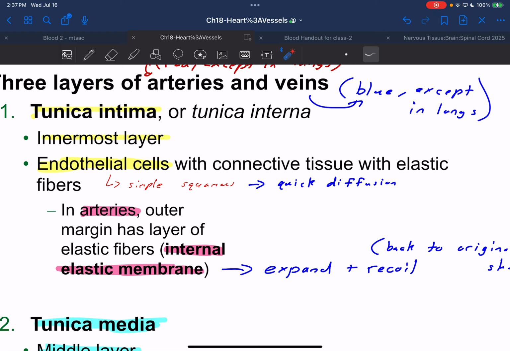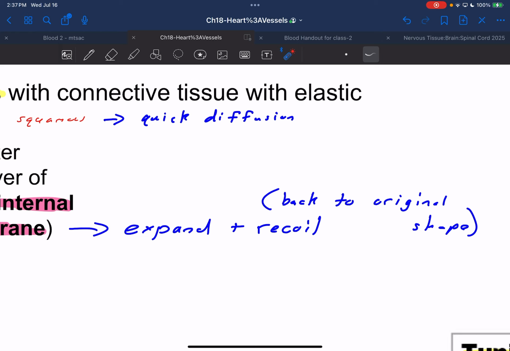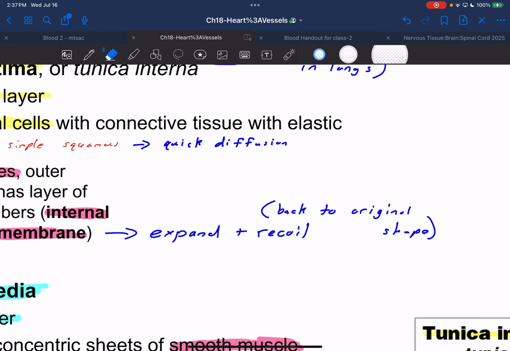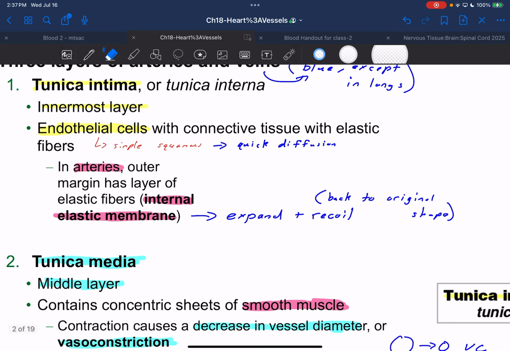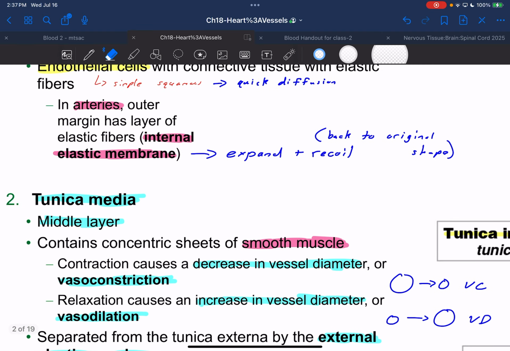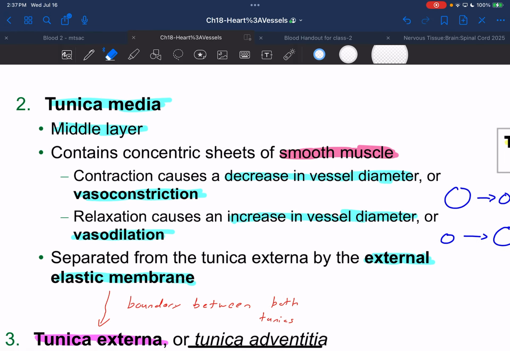These are made by elastic fibers, and so they allow for the expansion and recoil of arteries. Recoil means go back to their original shape. The tunica media is the layer that follows.